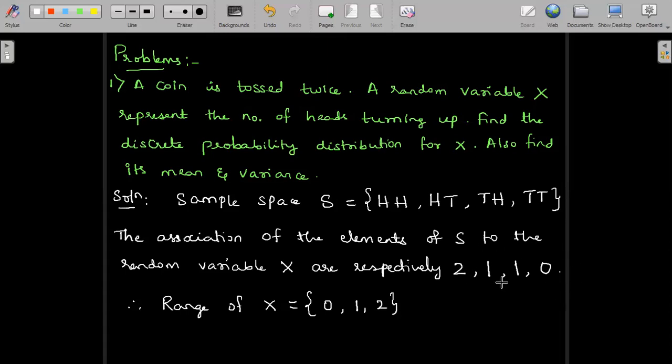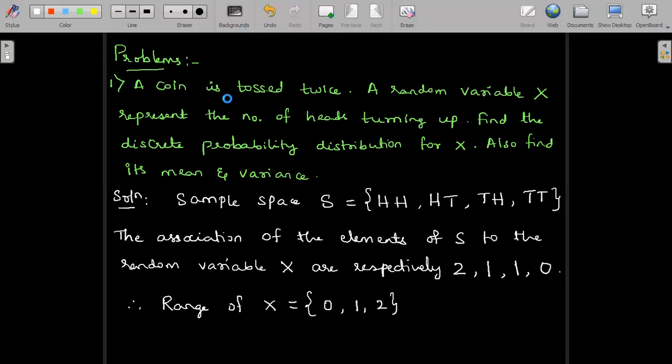Those are the only possible numbers that arise when we saw the association of the sample space to the random variable X. Now, we can write down the probability of both heads turning up.